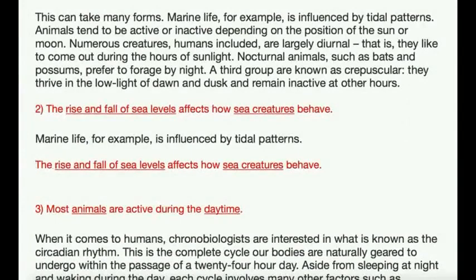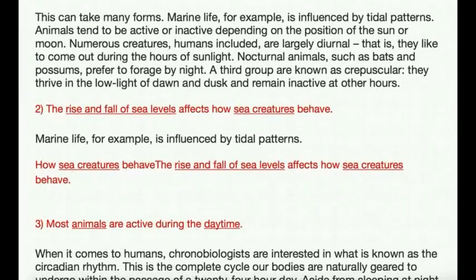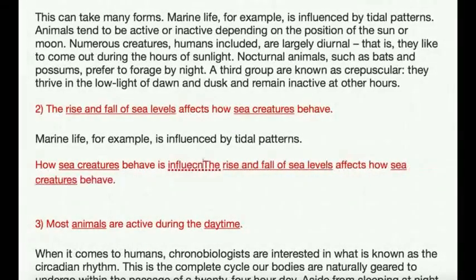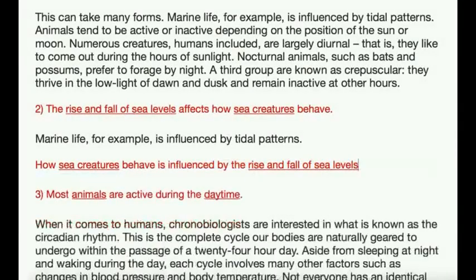So for example, if we take this one here, we could say how sea creatures behave is influenced by the rise and fall of sea levels. So we've just changed that information round.